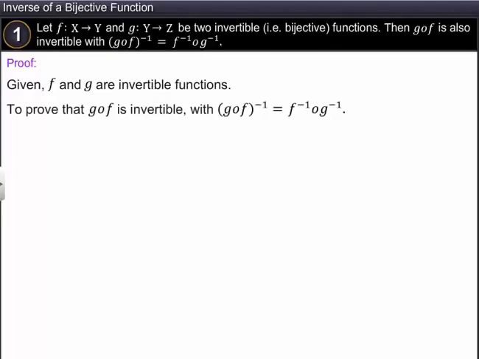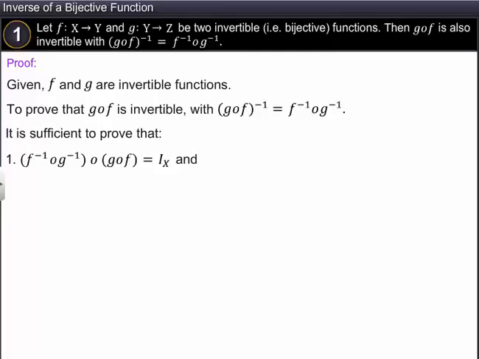We have to prove that g circle f is invertible, with (g circle f) inverse equal to f inverse circle g inverse. To prove g circle f invertible, it is sufficient to prove that the composition of g circle f and f inverse circle g inverse is an identity mapping from Z to Z, and that the composition of f inverse circle g inverse and g circle f is an identity mapping from X to X.